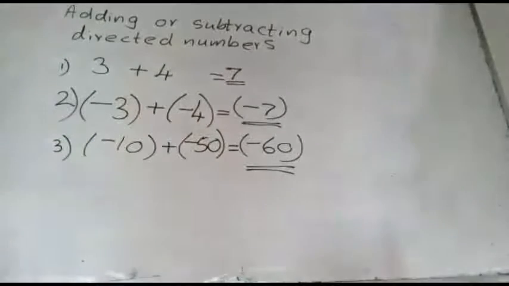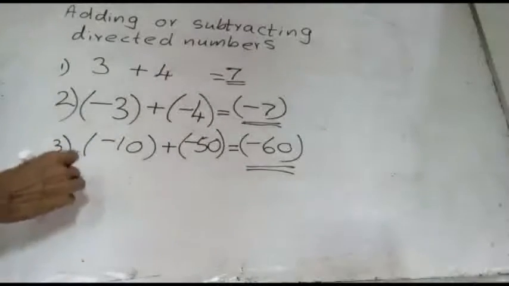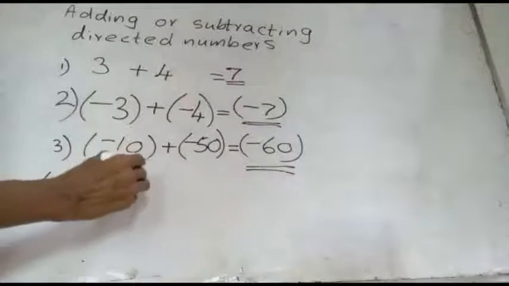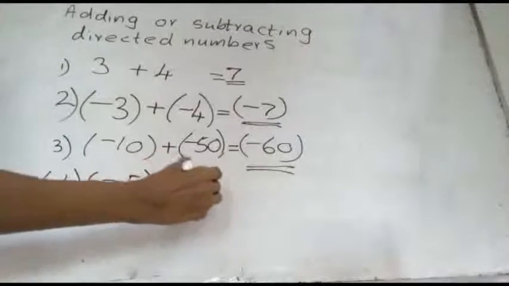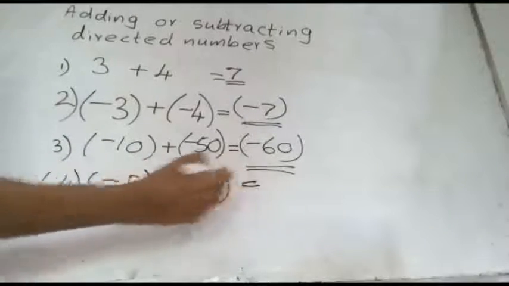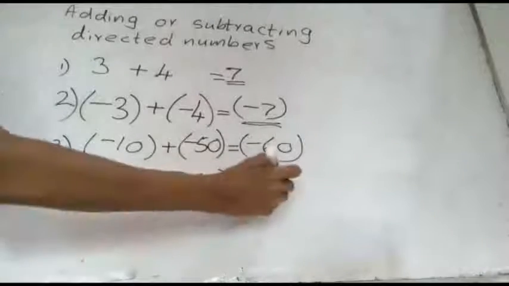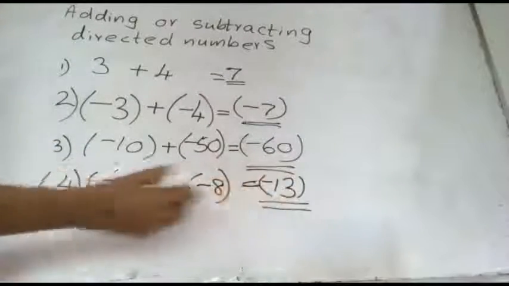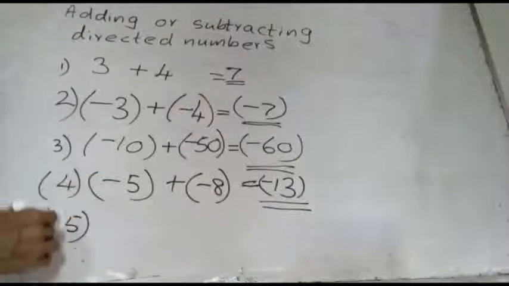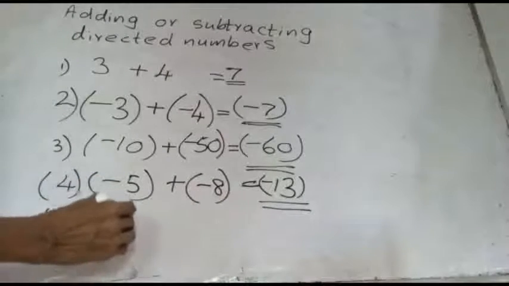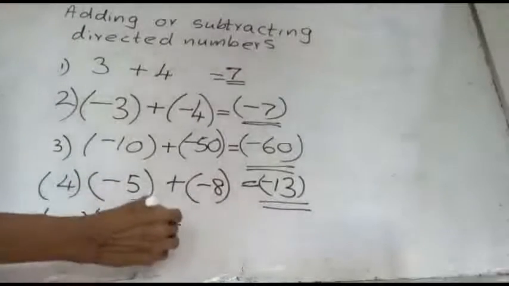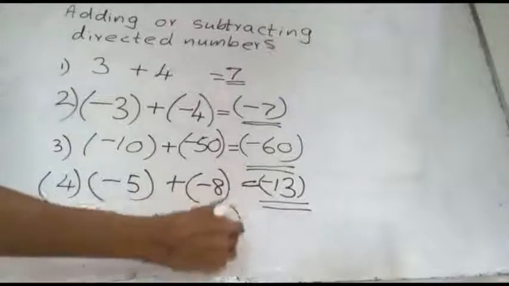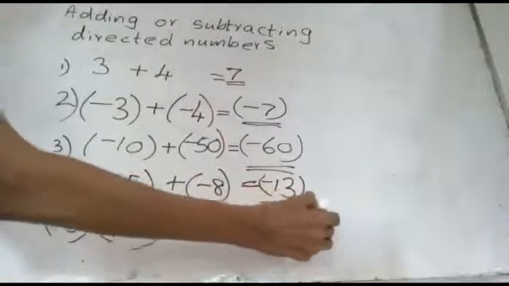We add these numbers. Fourth one. Negative 5 plus negative 8 is equal to 5 plus 8, 13. Sign is negative. Negative 13. Fifth one. Negative 100 plus negative 70 is equal to negative 170.